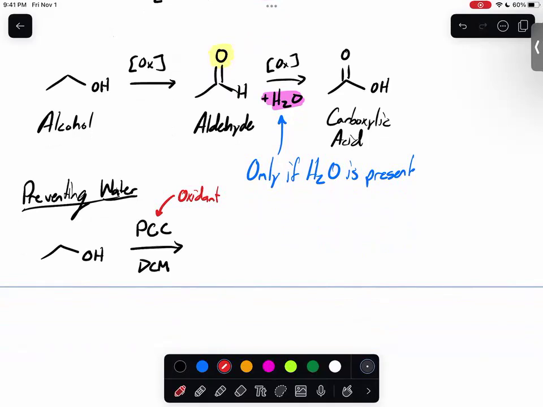That's what the C actually stands for, the second one that is in PCC. You don't actually need to know what this is. All you need to know is that there's no water, which means there is no second oxidation. So in this case, we end up with the aldehyde just because there's no water.